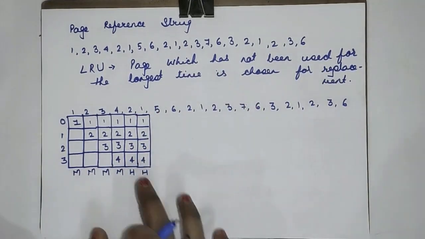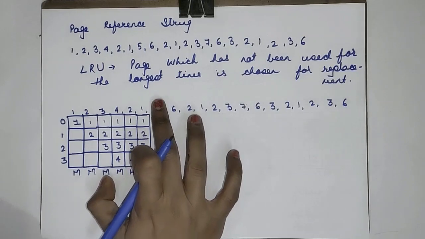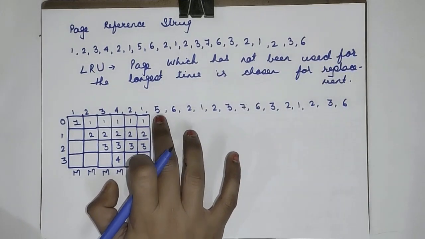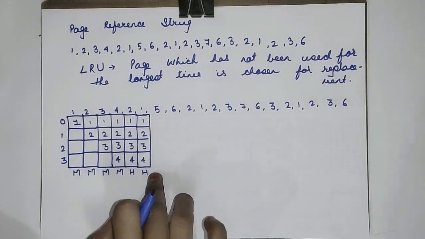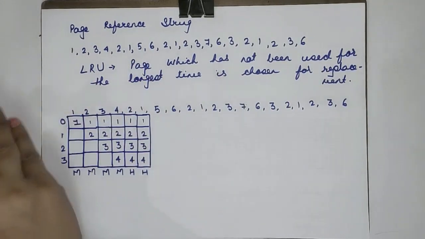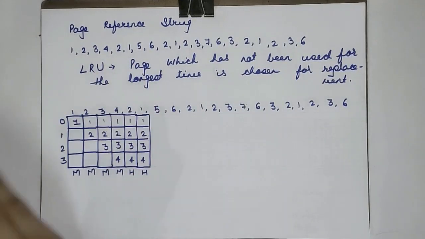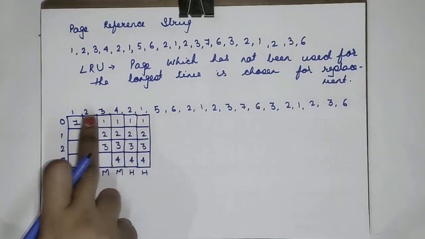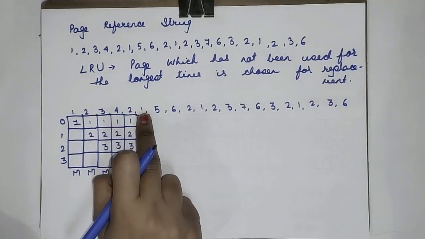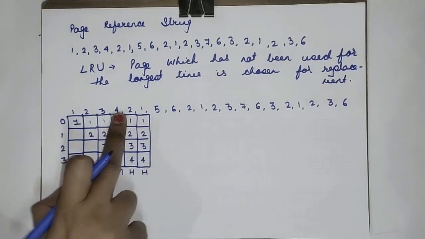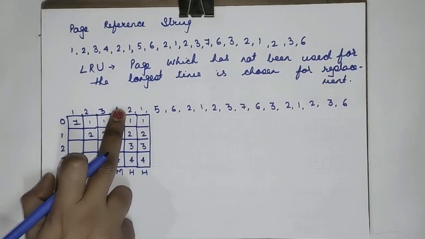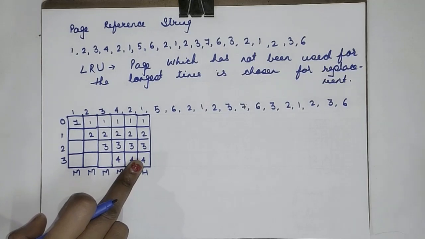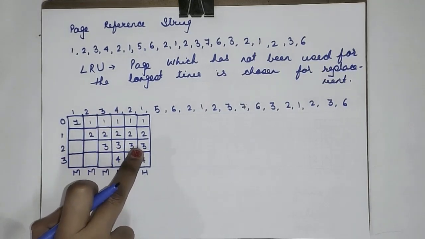So what you have to see over here is, whenever a page is called, like 5 is called, and that is not present in memory, you'll have to see backwards. For how many frames do I have to see? There are 4 frames, so I'll see for the 4th frame. 1 is here, so 1 is the most recently used. Then 2 is the second most recently used. 4 is the third most recently used, and 3 is the least recently used.